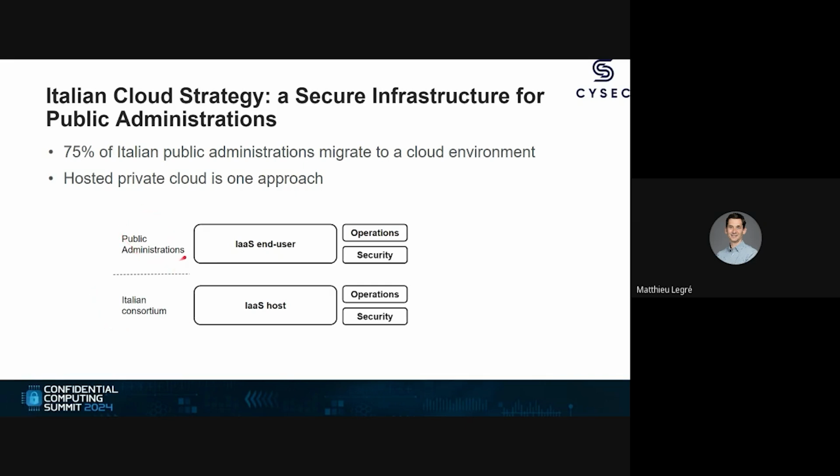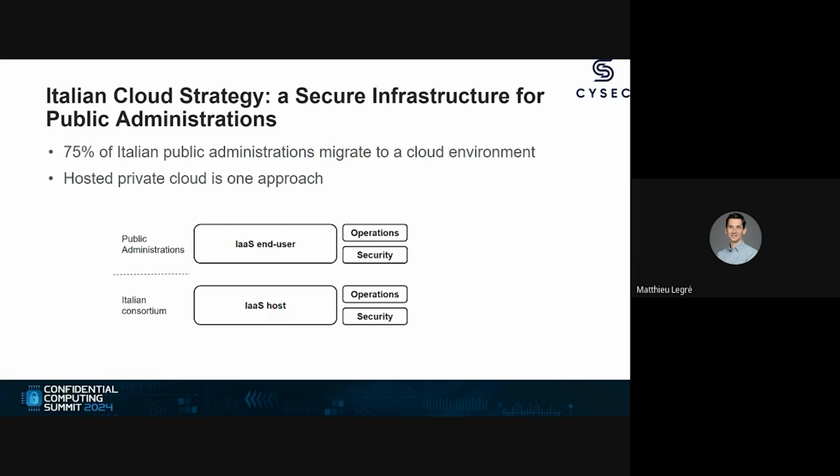We will have the public administrations as just the end user of an infrastructure as a service provided by a consortium of sovereign Italian organizations or companies.